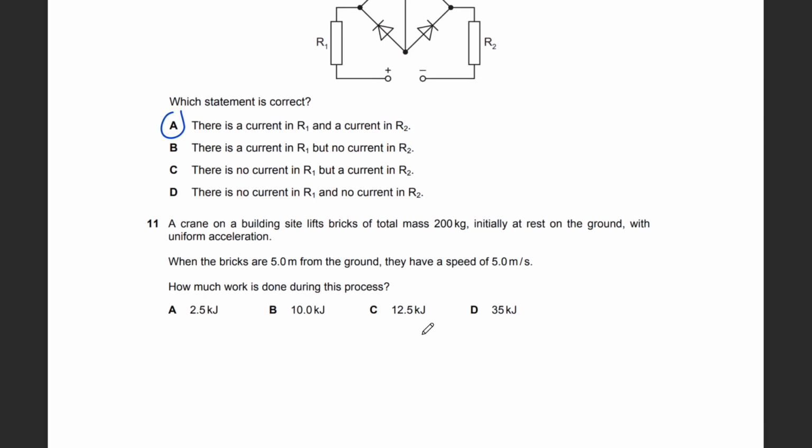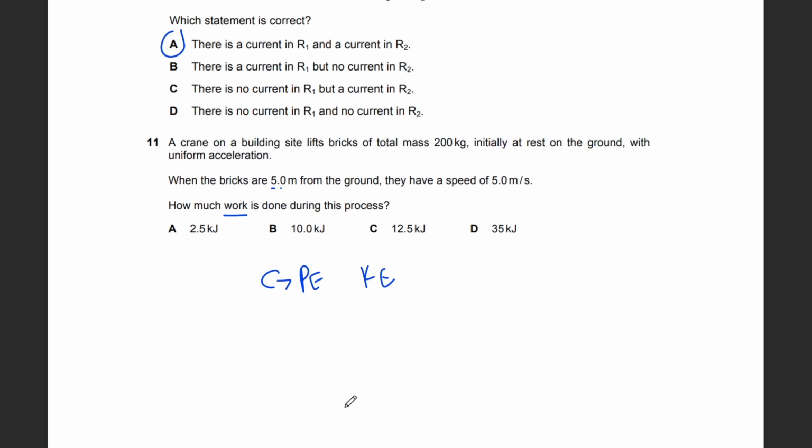A crane on a building site lifts bricks of total mass 200 kilograms, initially at rest on the ground, with uniform acceleration. The bricks are at 5 meters from the ground. They have a speed of 5 meters per second. How much work is done during the process? Work done, as I mentioned, is change in mechanical energy, right? In this case, the bricks will gain both GPE and KE. So we need to calculate for both. GPE is mgh.